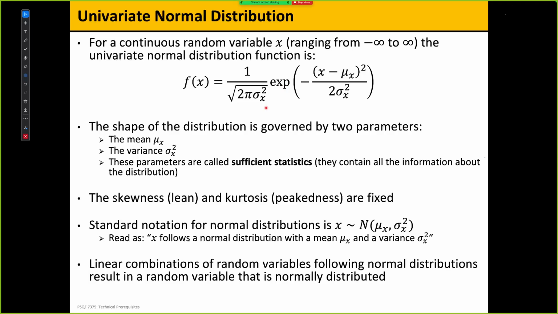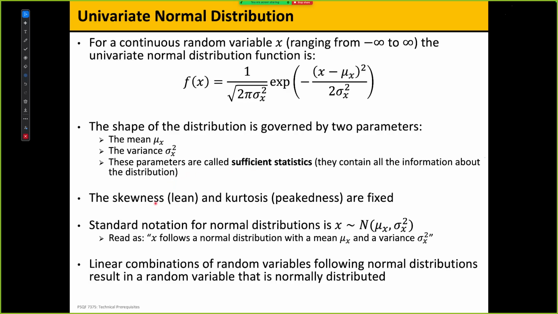Okay? So those parameters go by names. We call mu the mean. We call sigma squared the variance. And it turns out in a normal distribution, mu and sigma are the only two parameters. So we also sometimes call them sufficient statistics, in that they contain all of the information we need to understand the shape of the distribution and the likelihoods that come from it.